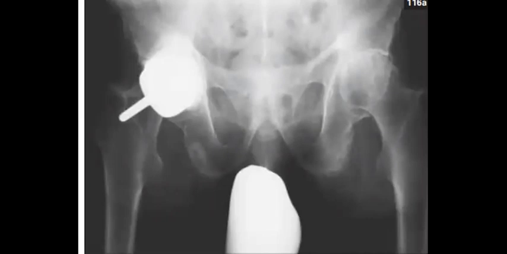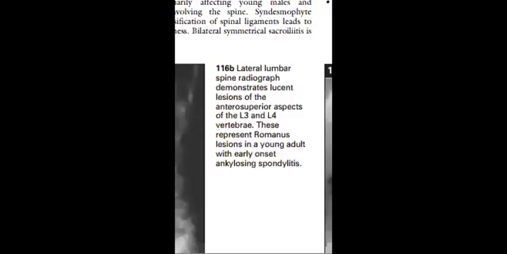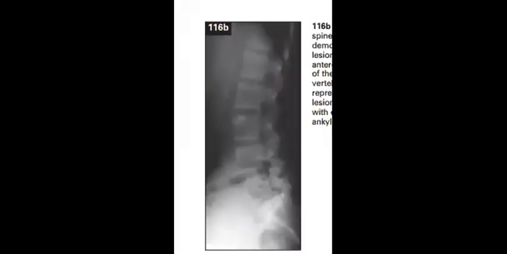Okay, let's try to show you this one. The same patient. Yes. So you can see something positive here of the ankylosing spondylitis signs. What is positive here? Shiny corner or Romanus lesion. Yes, perfect. And what do you think about here?